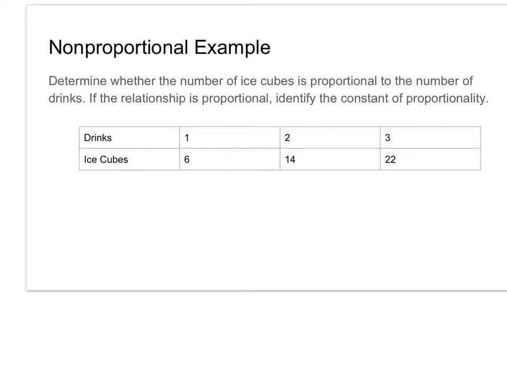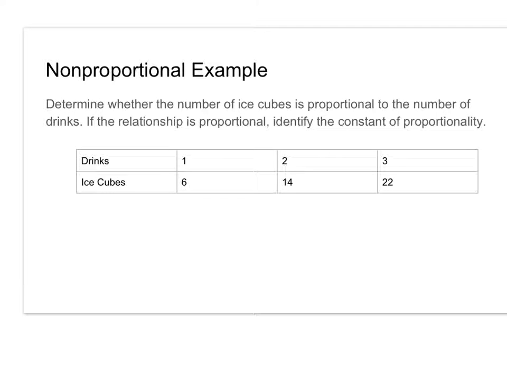You're having 6 ice cubes for 1 drink. So that is going to be our unit rate. If the rest of them simplify down to 6 ice cubes for 1 drink, then it's proportional. If they do not simplify down, then it's not proportional.